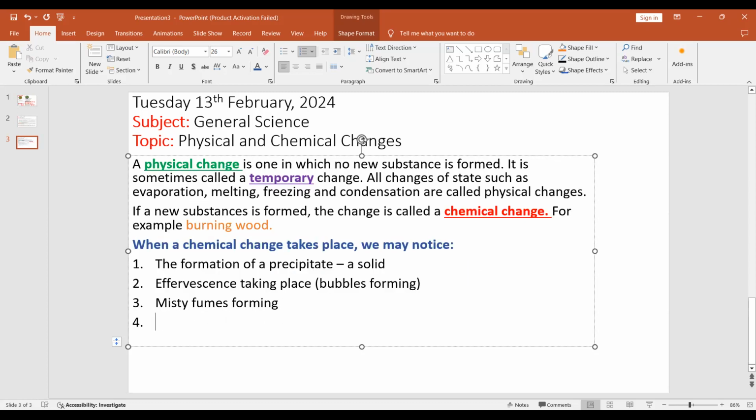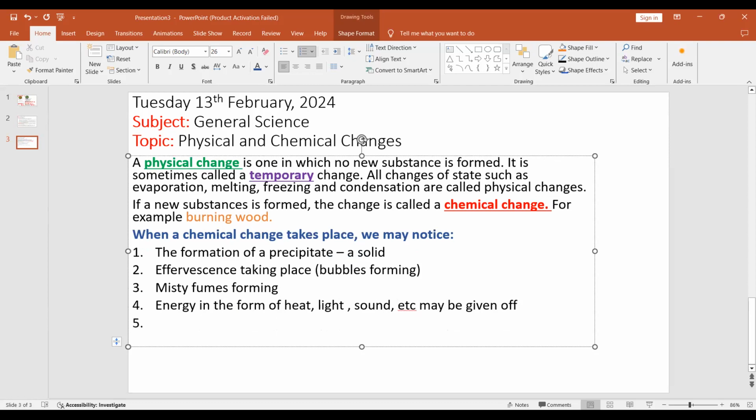You might have energy in the form of heat, light, sound, etc. may be given off. And then we may even have a color change take place.